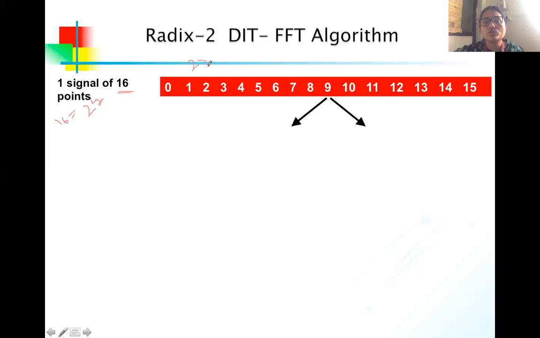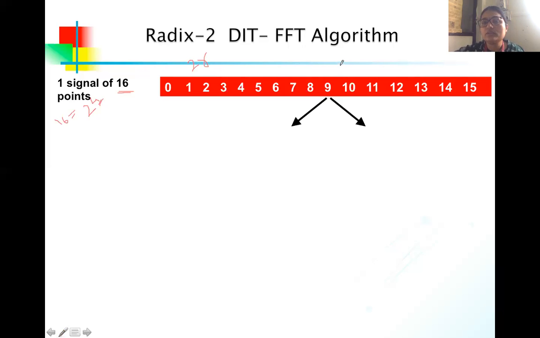This is by using 2R. If R is equal to 0, then the first even value is 0. R is equal to 1, then it is 2. R is equal to 2, then the even value is 4. For R equal to 3, the next even value is 6, then 8, 10, 12 and 14. These are all the even values.